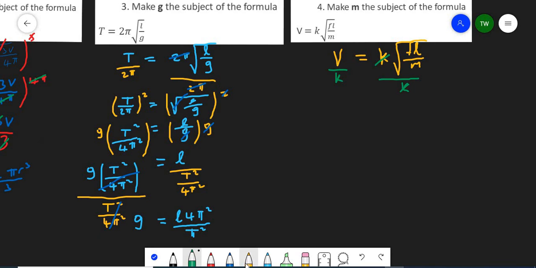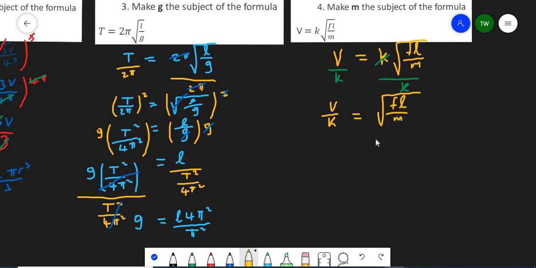So what we're left with on the left is just V over K, and on the right, we'll now have just the square root of FL divided by M.